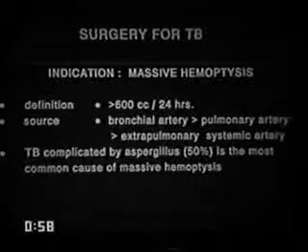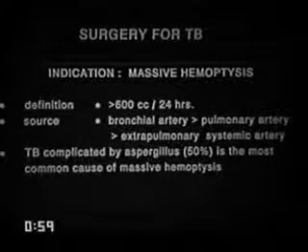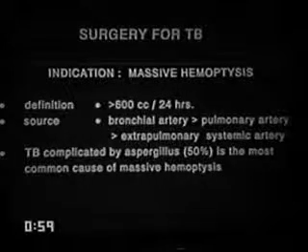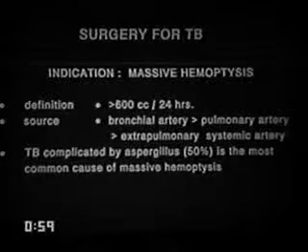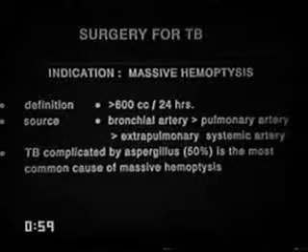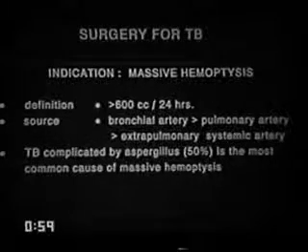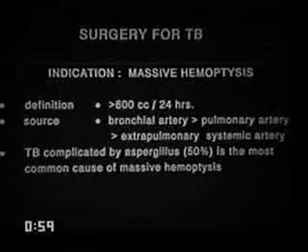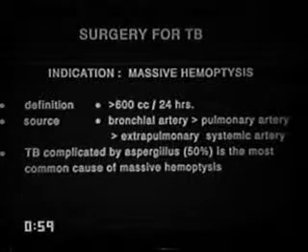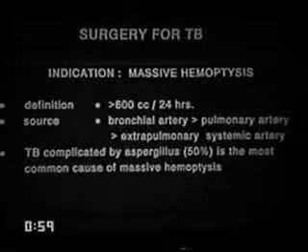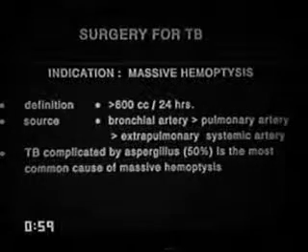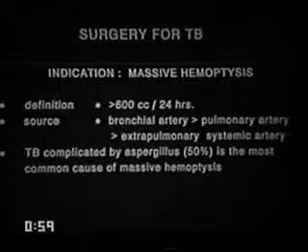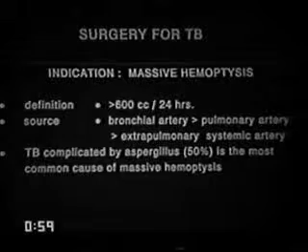Now, what about massive hemoptysis? I think that this might evolve as the most common indication for surgery in the face of TB. It's been variously defined, and I've chosen one of the more common definitions of 600 cc's of blood coughed up within a 24-hour period. Some people would consider a lesser amount in a short time frame, like an hour and a half or 2 hours in the emergency room, a massive hemoptysis episode, and that I would not argue with.